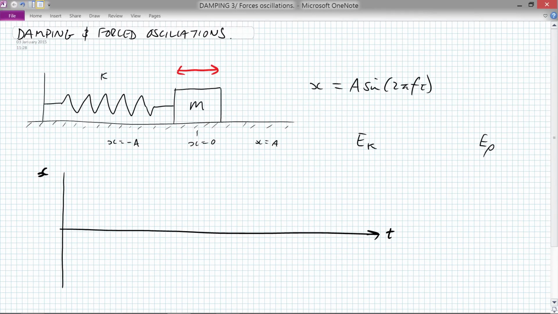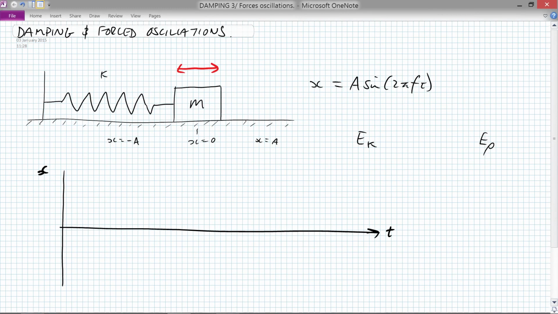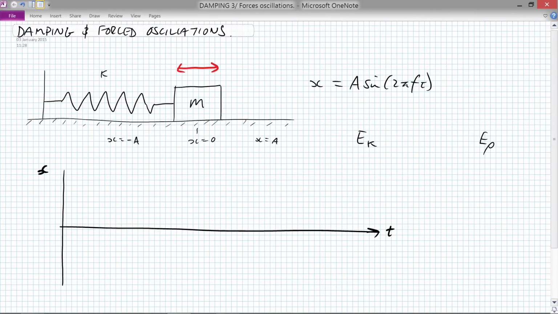Incidentally, what I didn't mention was it's this storing as a potential which allows SHM to change direction. We're passing all of the energy into our potential energy, which allows the mass to effectively change direction. Anyway, what's actually happening now is there's some work done against friction.